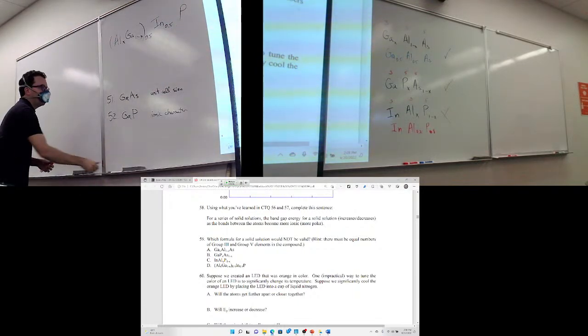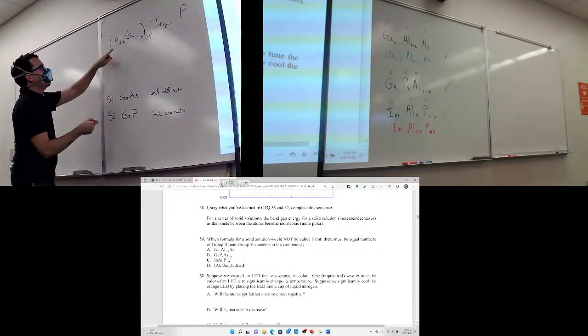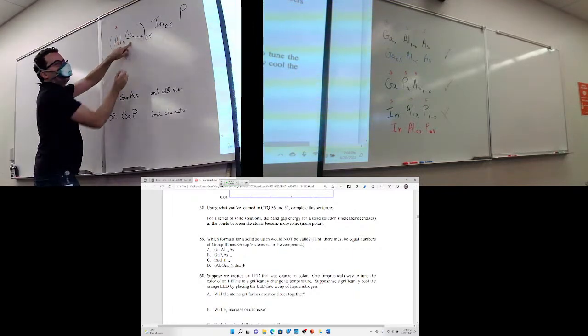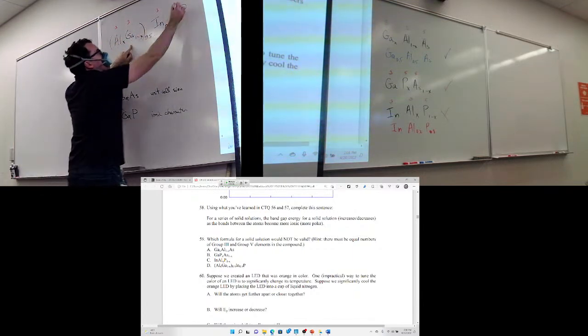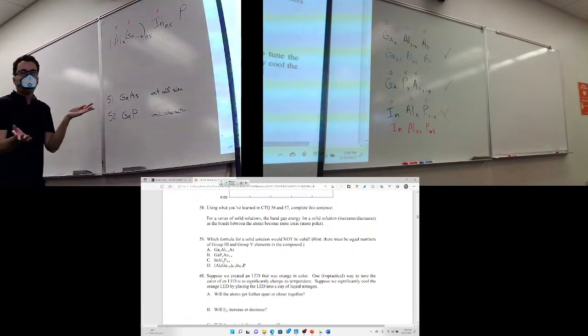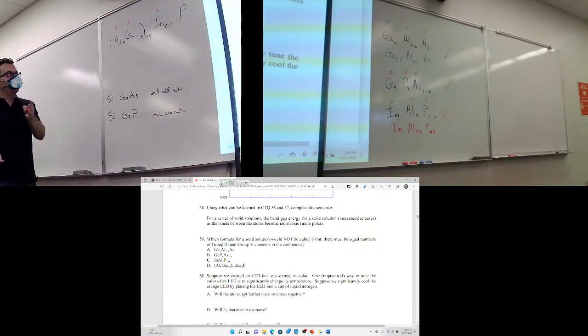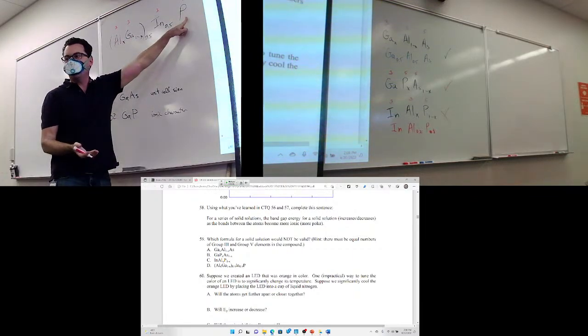So, what does this all mean? Aluminum is a group 3, gallium is also a group 3, indium is group 3, phosphorus is group 5. So the rule is one atom of group 3, one atom of group 5. I've got the one atom of group 5, that's perfect.